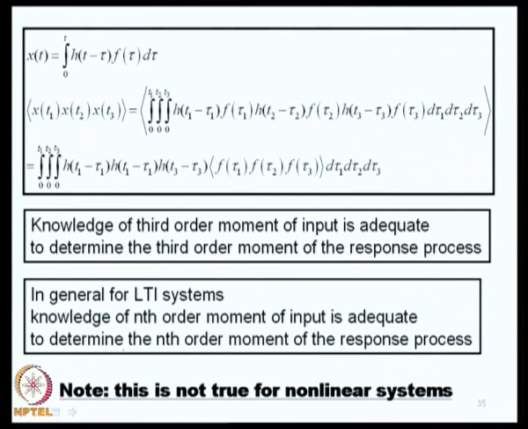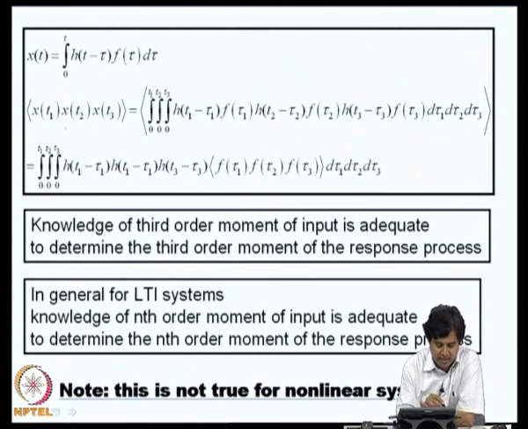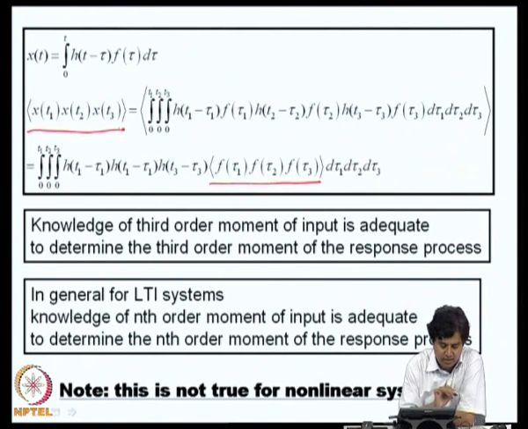Now, we can continue this argument and we can also find higher order moments. Suppose you want the third order moment, the expected value of x of t1 into x of t2 into x of t3, it will be the expected value of a triple integral. Now, if you know the third order moment of f of t, you can find the third order moment of x of t.